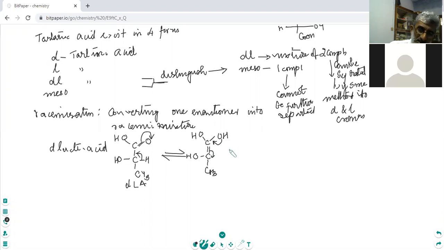So when this again tautomerizes in the keto form, it will form an equal mixture of both of these, plus OH, H, and CH3.